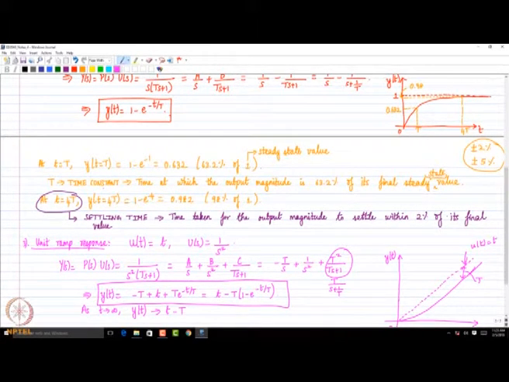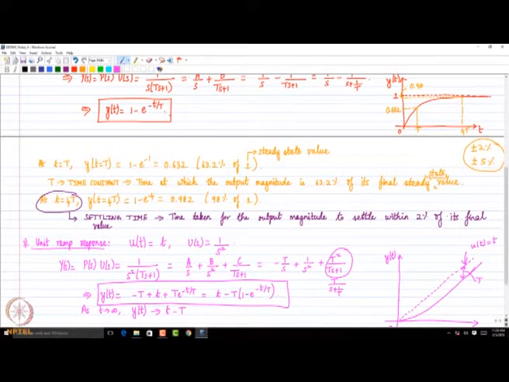Of course, with a constant, you need to evaluate that constant. Conversely, you can say that the step response is the derivative of the ramp response. You take the time derivative of the ramp response, you get the step response. And now you take the time derivative of the ramp input, what do you get? 1, right? You take the derivative of the unit ramp input, which is small t, and obviously we get the derivative as 1.